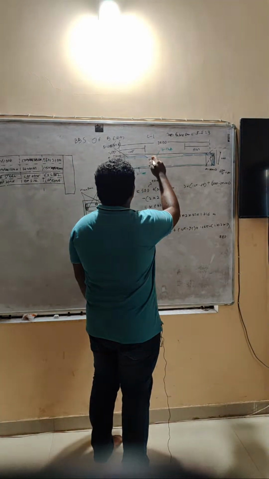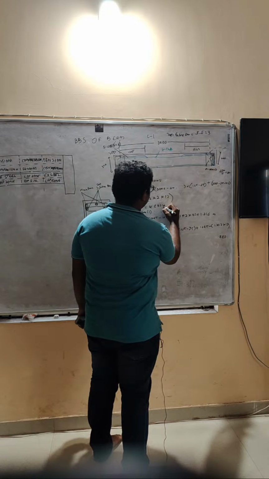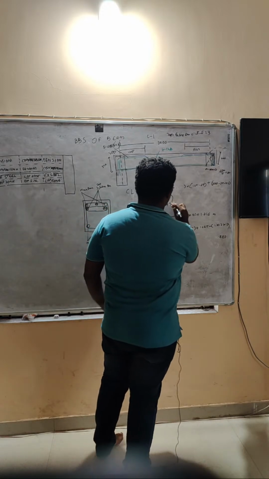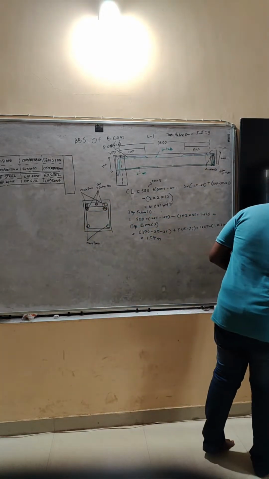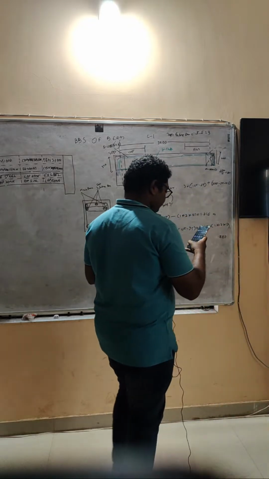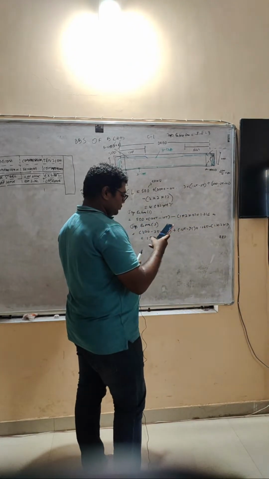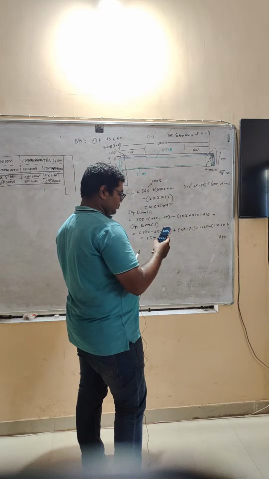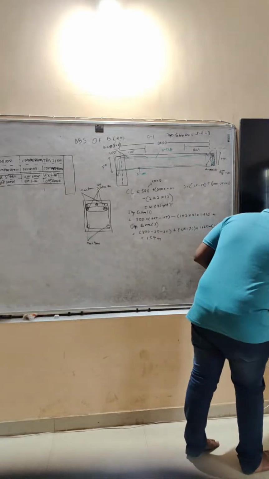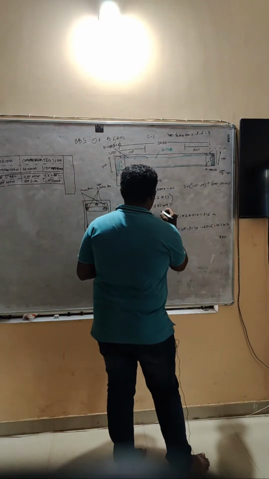Similarly we will calculate the weight. That is 6 into 4.30, our total length.